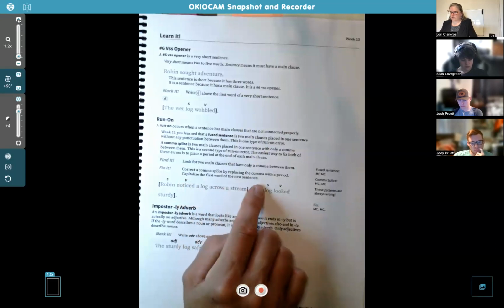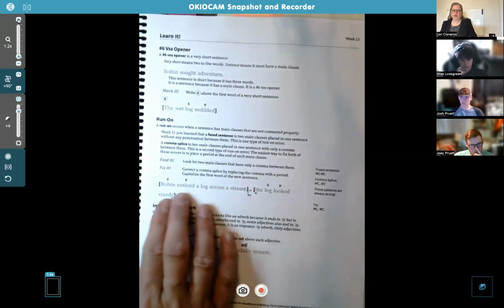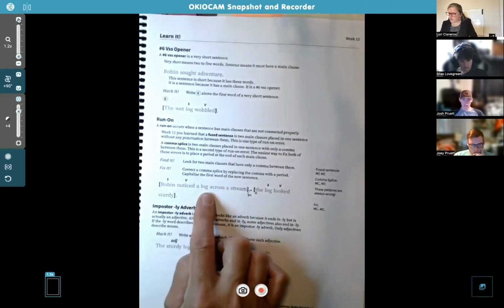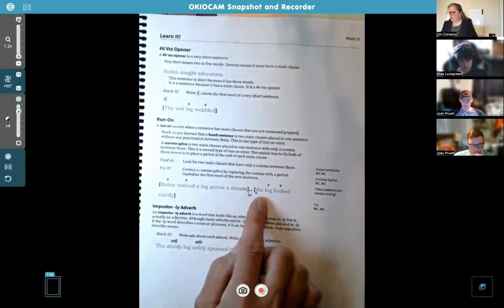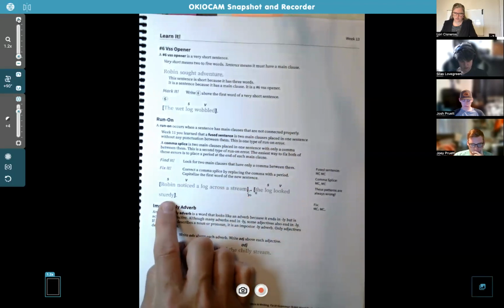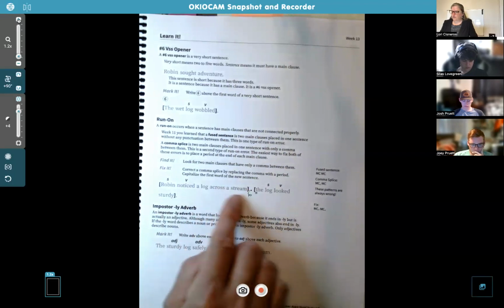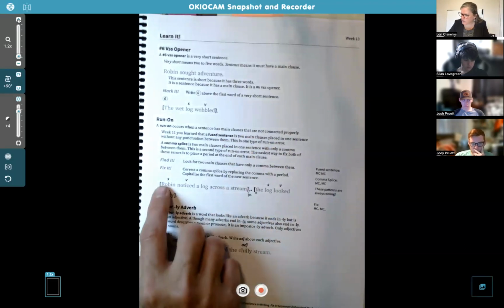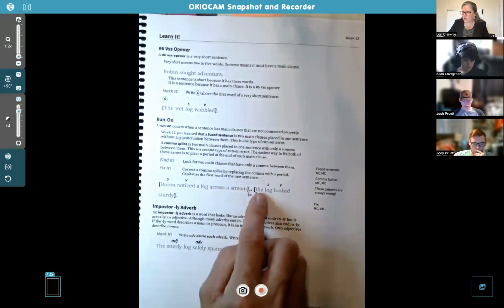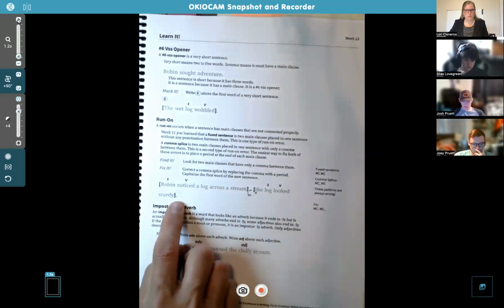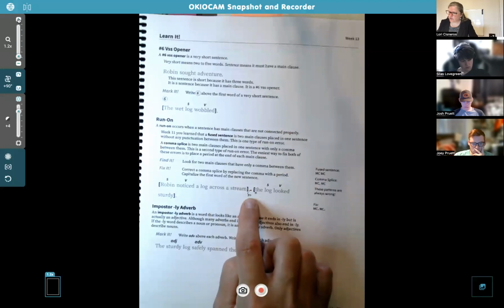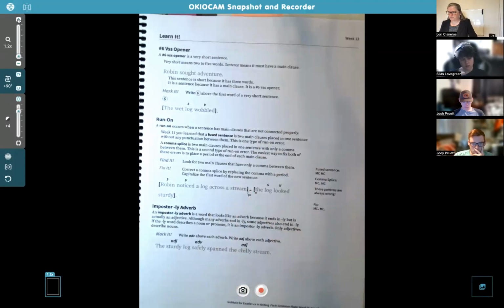Capitalize the first word of the new sentence. Here's an example of how you would fix it in this book for your homework. Robin noticed a log across the stream. The log looked sturdy. So originally that was one long sentence, but because they both have a subject and a verb, they're both main clauses. It really should be two separate sentences. So you would take out the comma and put a period.